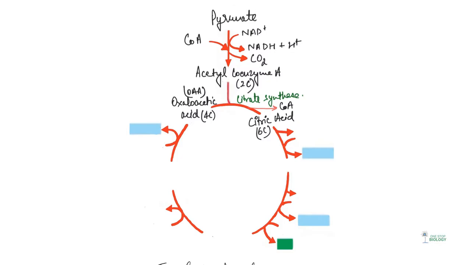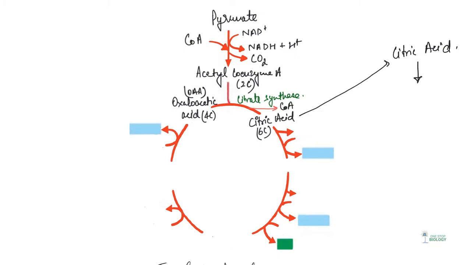So basically here it is forming citric acid. From citric acid, right, there will be formation of alpha ketoglutaric acid, right? So basically what happens is that citrate is isomerized first into isocitrate. So this citric acid is isomerized into isocitrate.